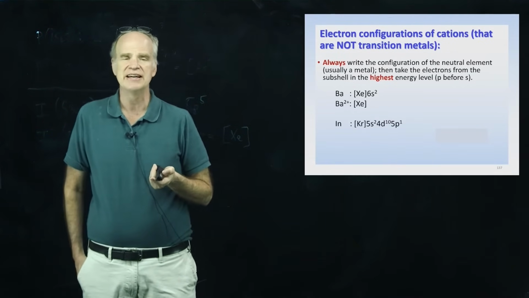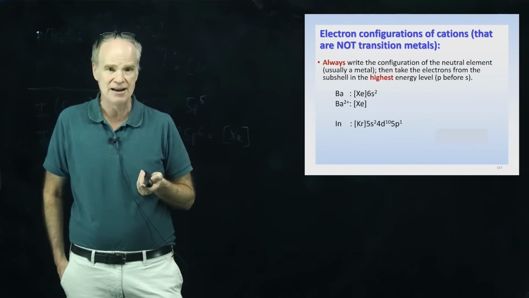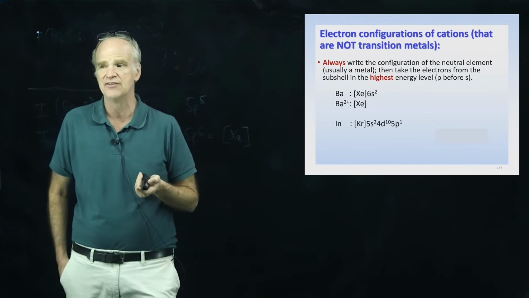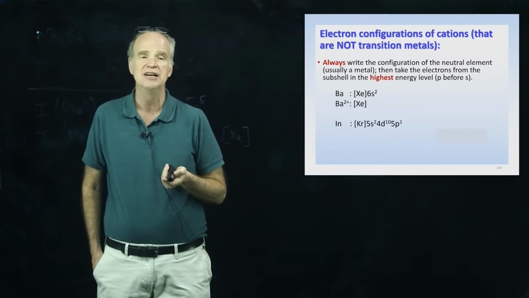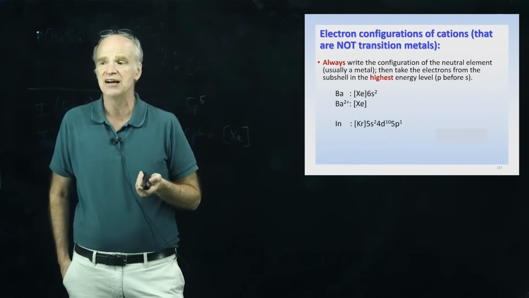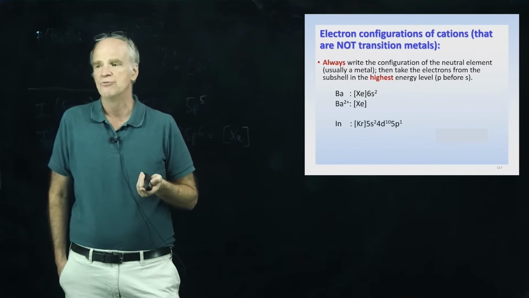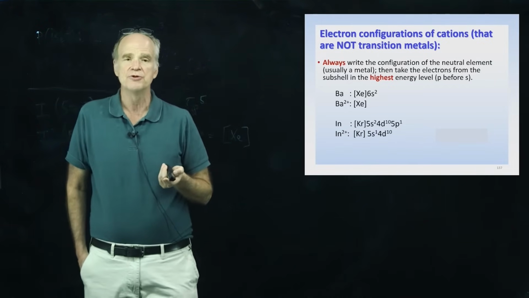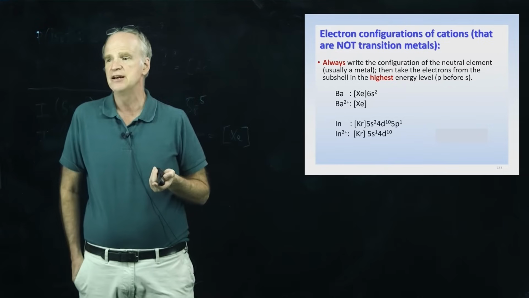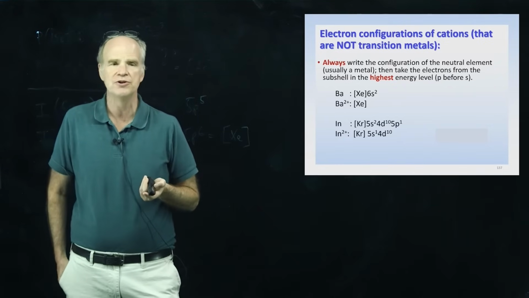How about something like indium? There is indium atom's electron configuration. That is not an ion there. That's the indium atom's configuration. And what you can see, it has krypton's configuration with 5s2, 4d10, and 5p1. So if we wanted to write out the configuration for indium 2+, what do we do?